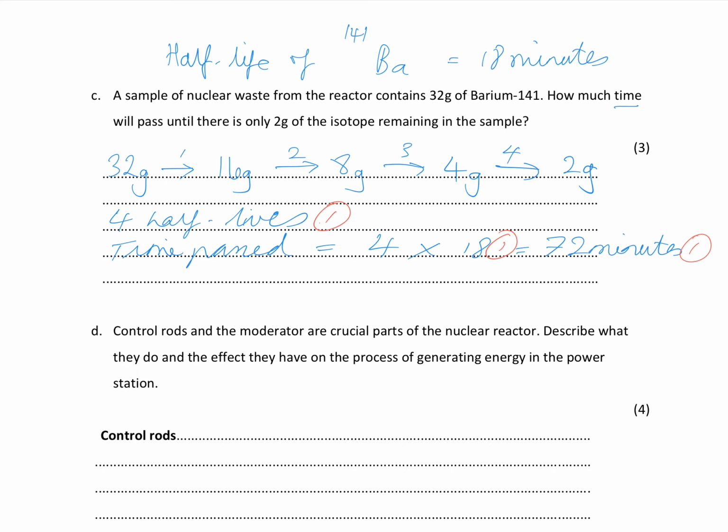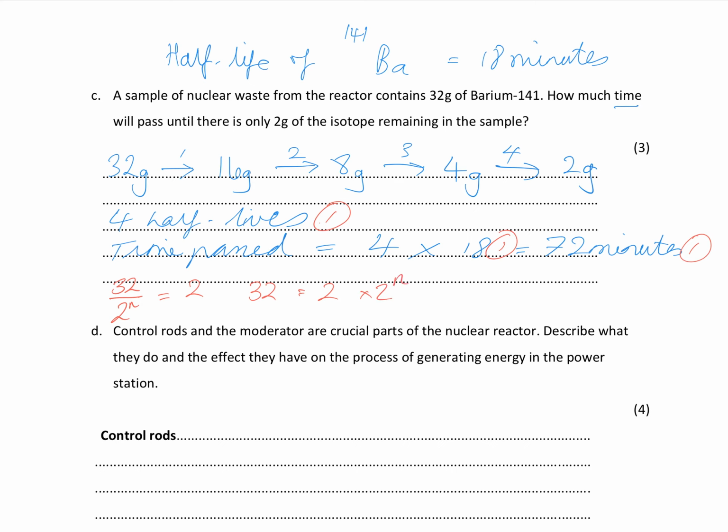There is one other way in which you can do this. Some people decided to do it numerically. They knew that 32 divided by 2 to the power of the number of half-lives, which I'm going to call n, must be equal to what we have left, 2 grams. The easiest way to do this would be to multiply both sides by 2^n. So you get 32 equals 2 times 2^n. Then divide both sides by 2.